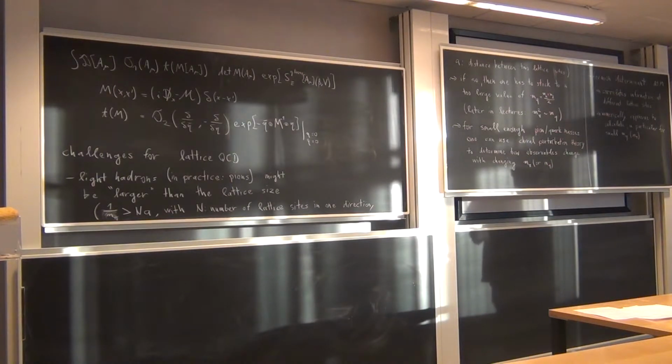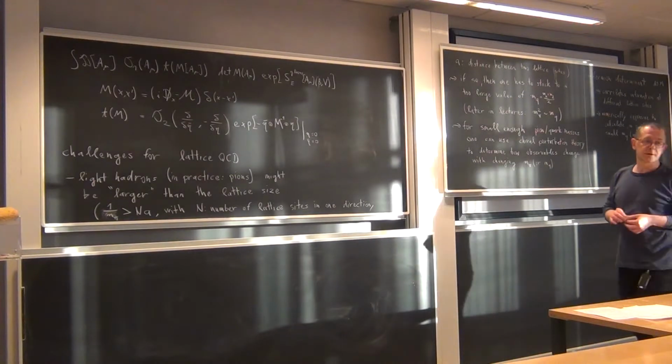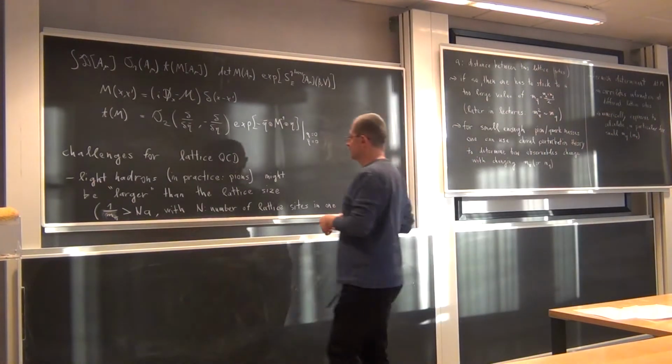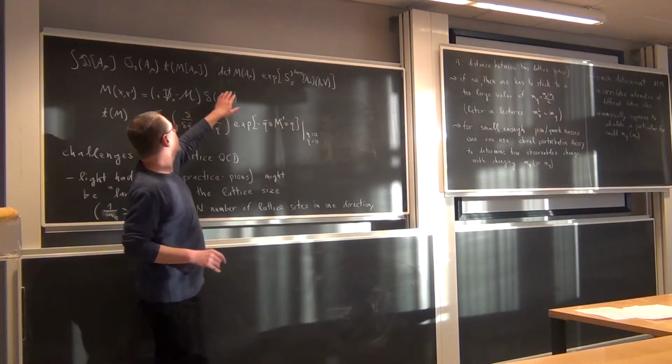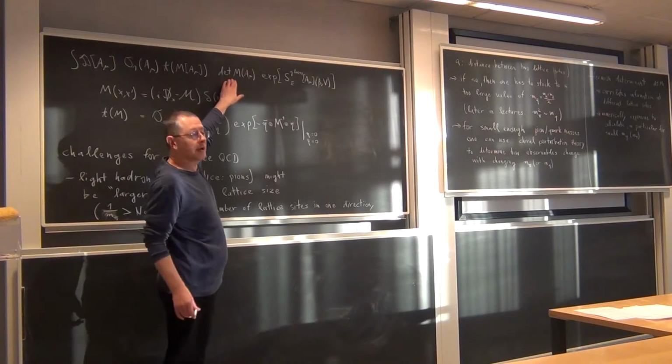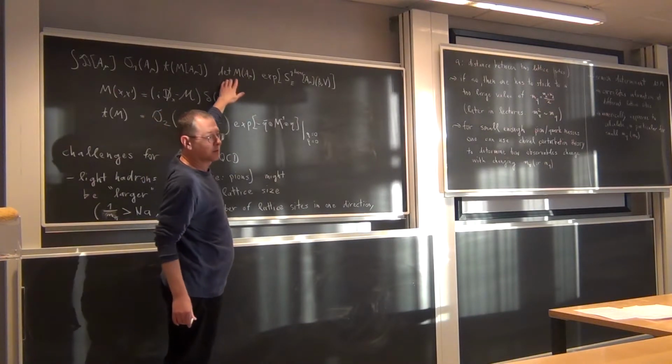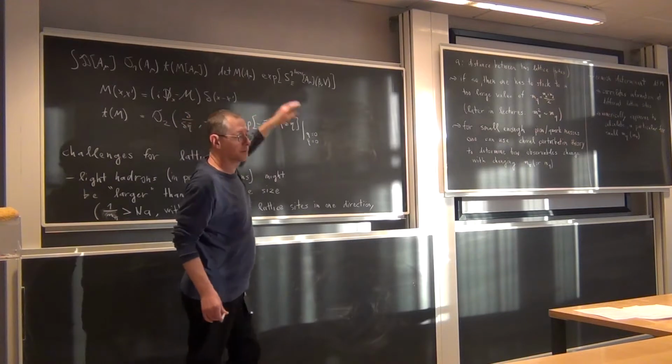Because of this, in the old days, there was an approximation. Nowadays one does not use that so frequently anymore. This approximation was just to neglect this determinant here. Do all the rest, but neglect this.